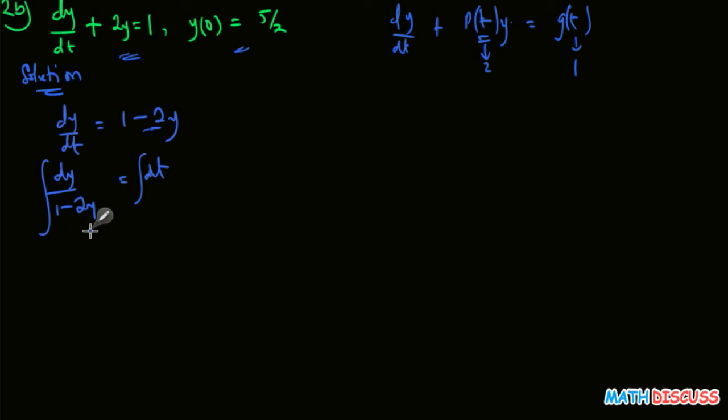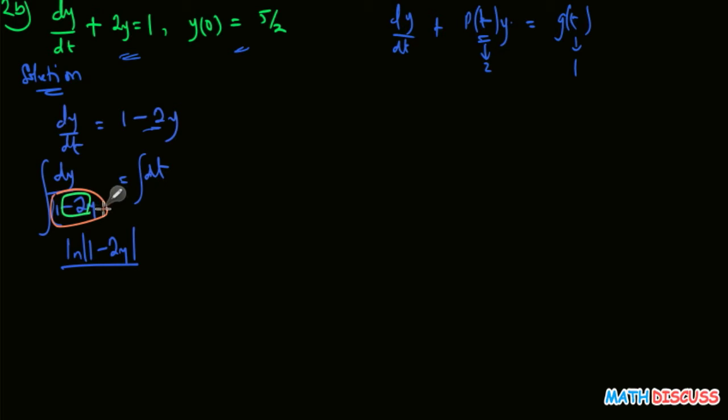Then you would integrate this. Many times students make mistakes in this area. What you'd observe is this is negative 2. So if you want to integrate something like this, it should give you the ln of 1 minus 2y, divided by the differentiation of this whole thing here.